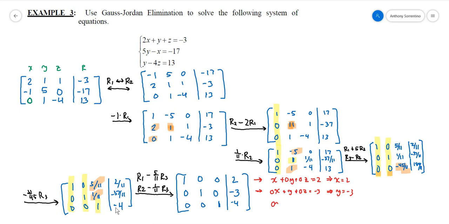And 0 x's plus 0 y's plus 1 z equals negative 4, which basically means that z equals negative 4. So our solution is 2, negative 3, negative 4.